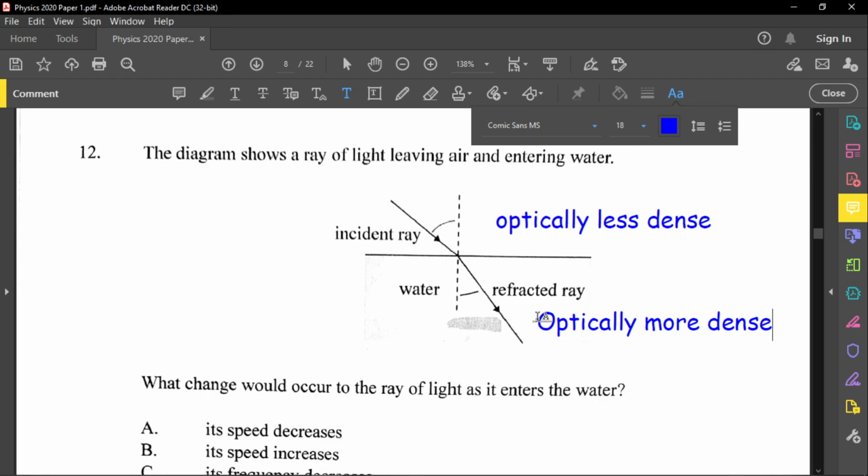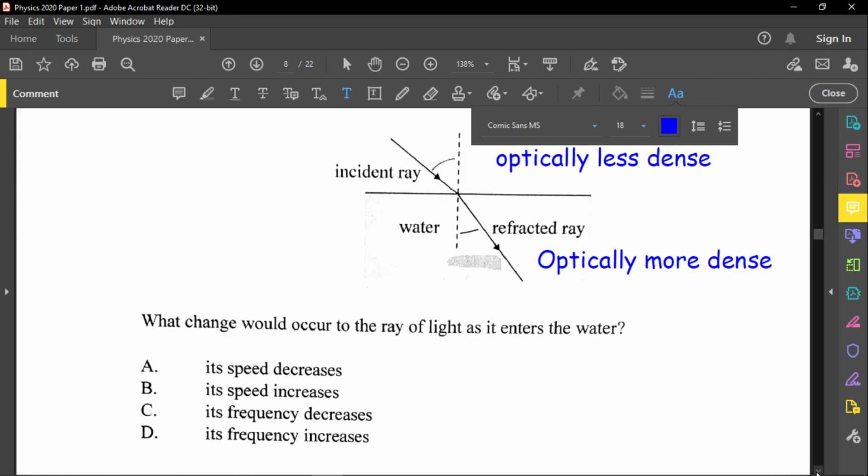So what is happening here? The question asks, what change would occur to the ray of light as it enters the water? One thing you notice is that the angle of refraction will be less compared to what it was in the air. So the angle of refraction is less than the angle of incidence, so the angle of incidence is greater. Okay, so you have a small angle of refraction. That's one thing that is obvious there.